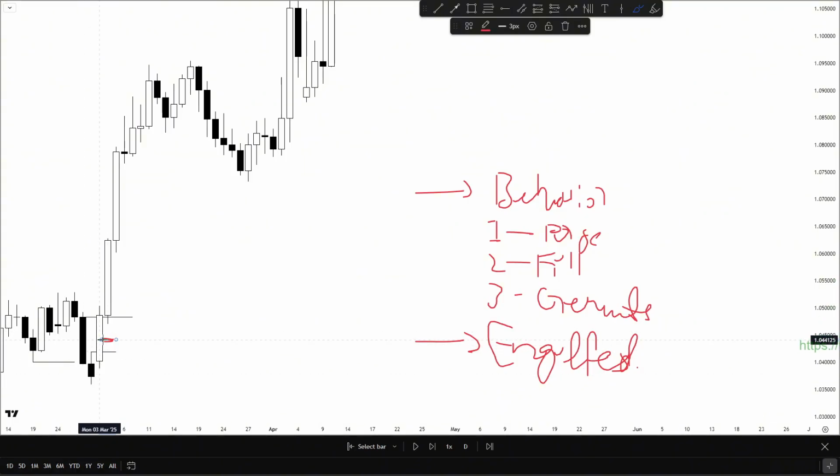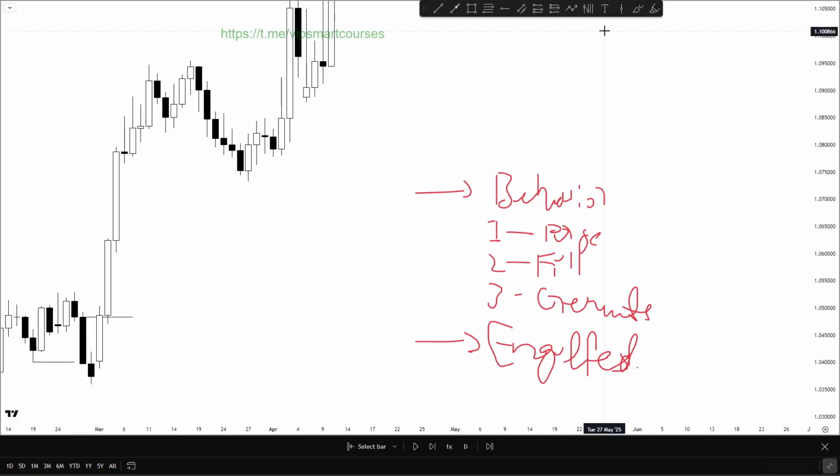But let's say if it had closed right here, then in that case we would have chosen this as our valid order block, and then we would have expected price to test it and then expand from here. But you can see that's not the case here. Instead, what price did is it closed above these two candles as a whole. So in this case, these two candles as a whole would have been the correct order block instead of the single candle that we have below.